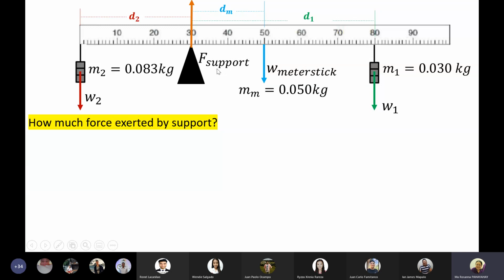To find the force of the support, we won't use the summation of moment of force, because the F support is at the pivot, so the second condition of equilibrium is useless. To find the F support, we will use the first condition.